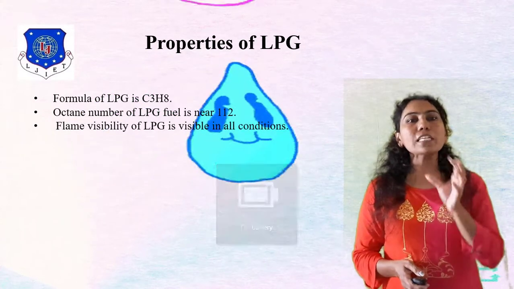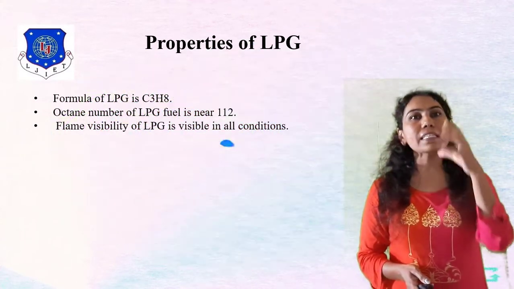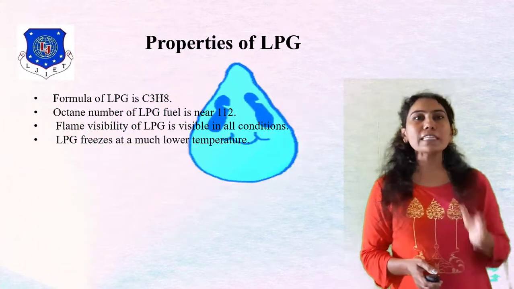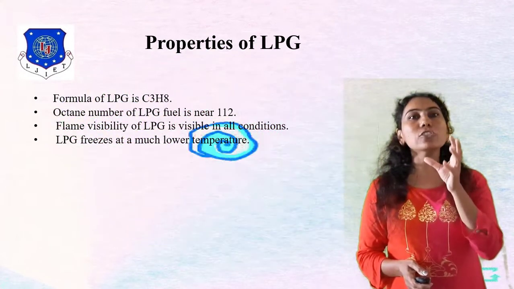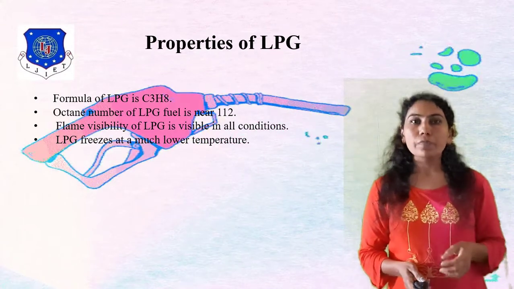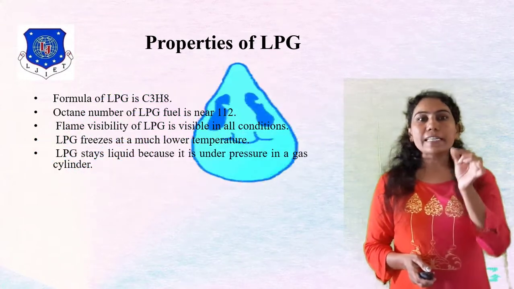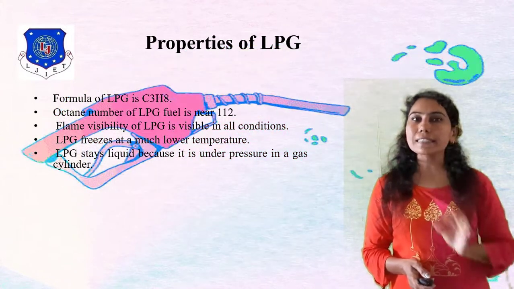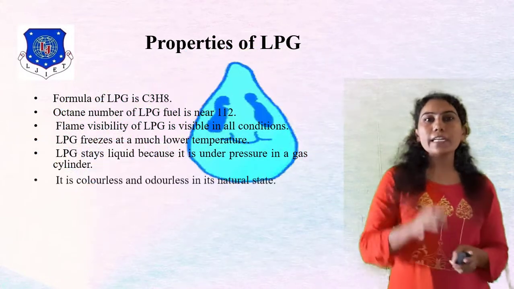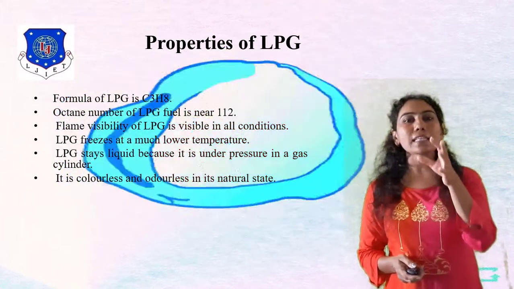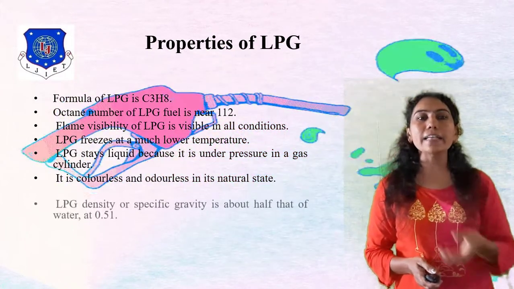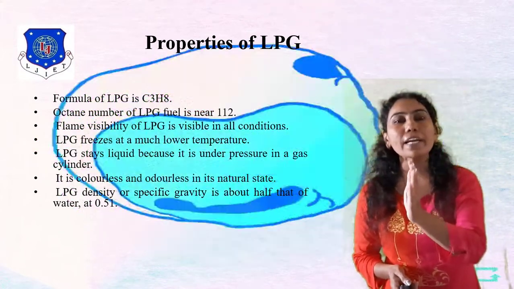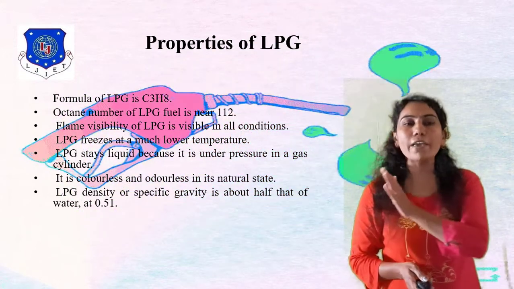The third is flame visibility: LPG flame is visible in all conditions. Fourth, LPG freezes at a lower temperature. LPG stays liquid because it is under pressure in a gas cylinder. It is colorless and odorless, like natural gas. LPG density or specific gravity is about half that of water, about 0.51.